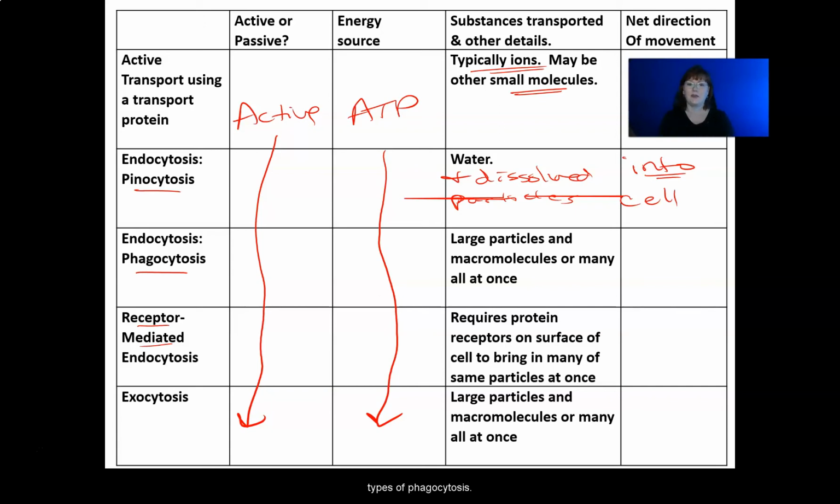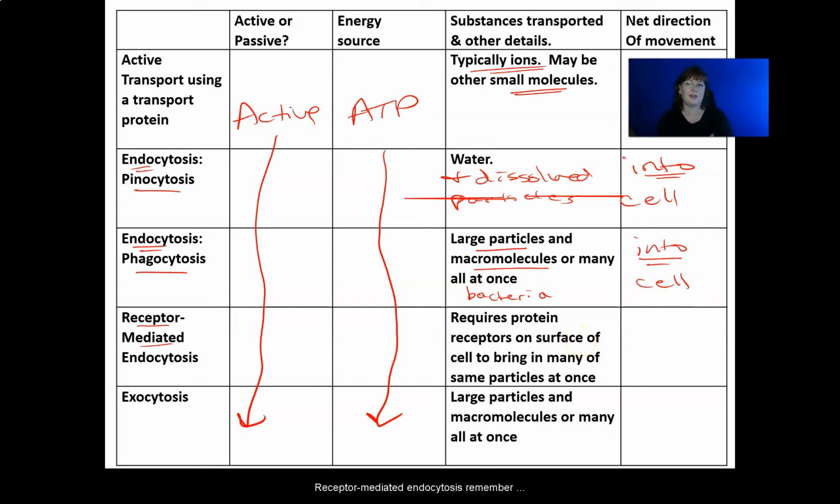There are lots of different types of phagocytosis. So we are often bringing in large particles or big macromolecules, maybe bacteria or an infected cell. And again, because it's endo, that means we are going into the cell.